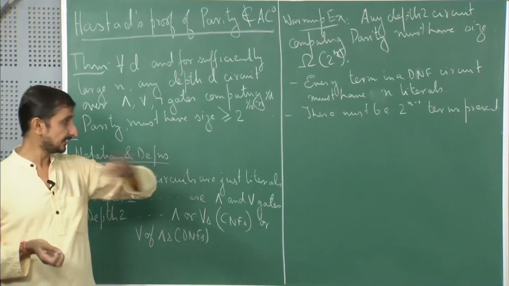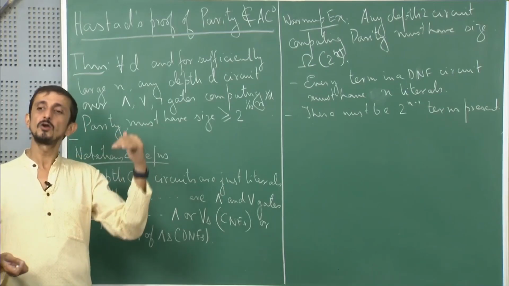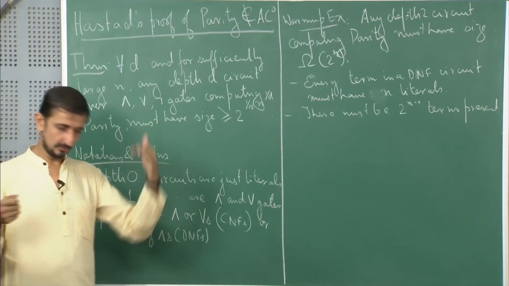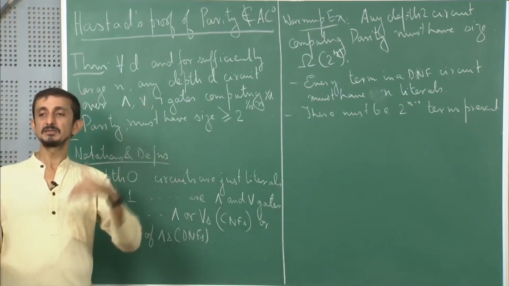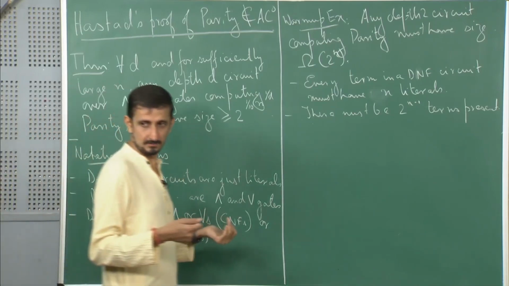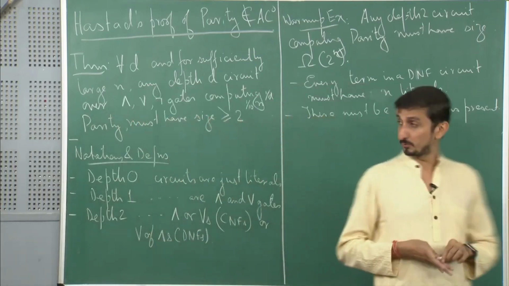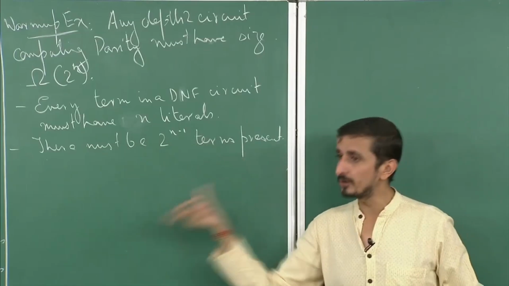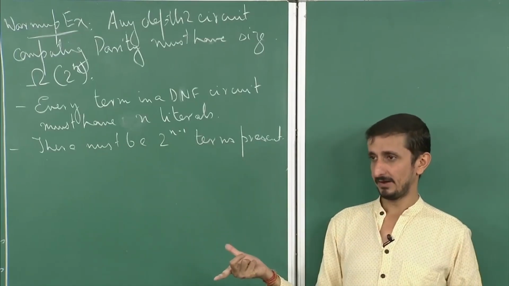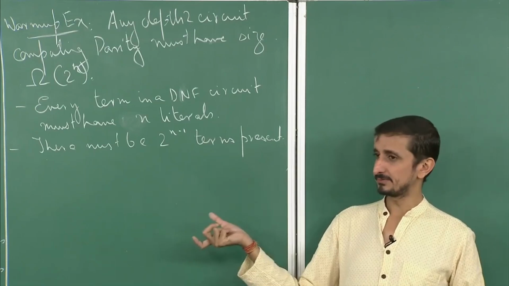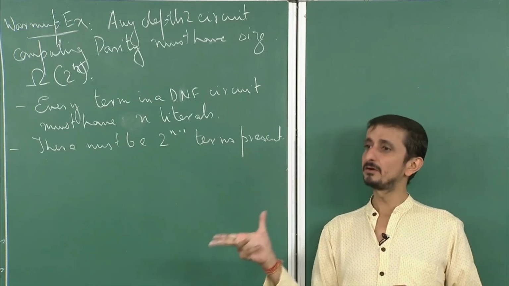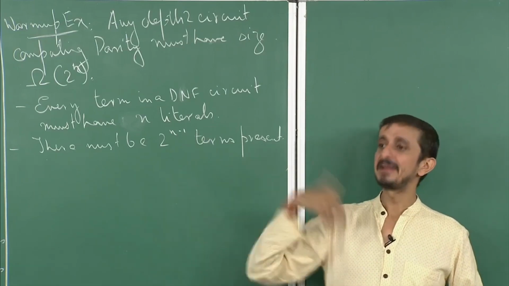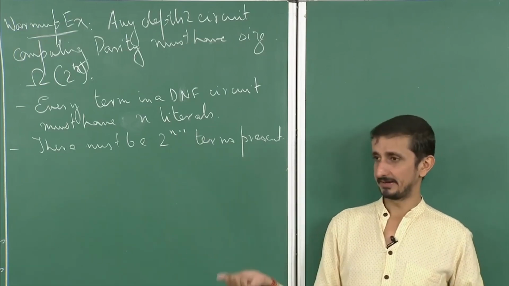If you look at the truth table, 2 to the power n minus 1 rows are 1 for the parity function. Now, suppose I have a DNF circuit in which even one of those terms is absent. For that setting of the variables, the circuit does not evaluate to 1, but parity evaluates to 1, so it is not computing parity correctly.